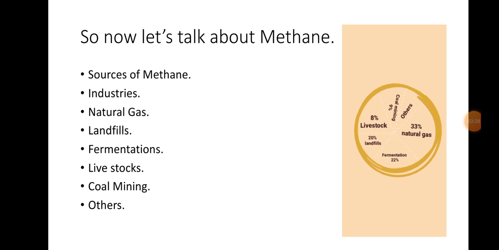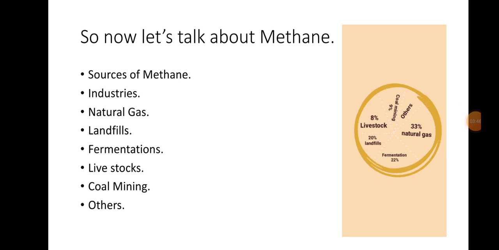We also have livestock, the livestock manure, and that's about 8%. And we have one more, roughly 9%, which is coal mining. I don't want to miss that. And the others come here.